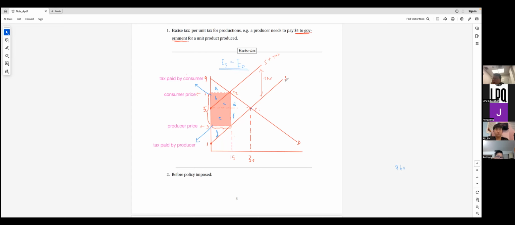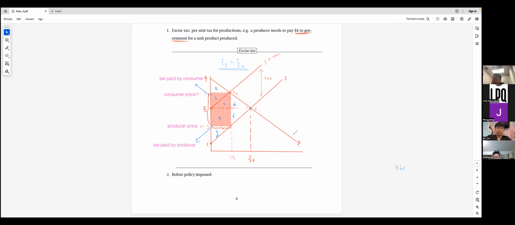So the slope of a supply curve and the slope of a demand curve, once again, I know in your math class, the slope of a supply curve is a positive number. If a function is a decreasing function, the slope of the demand curve should be a negative number. But I'm talking about the absolute value.